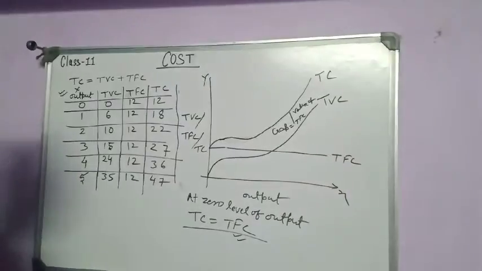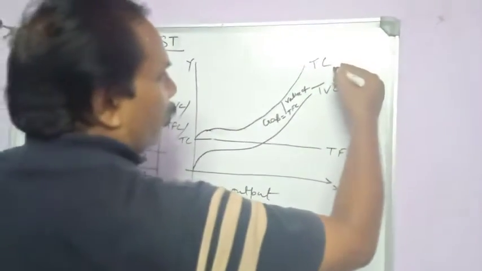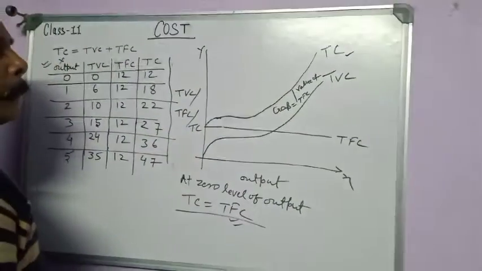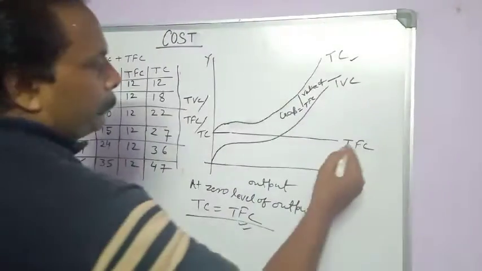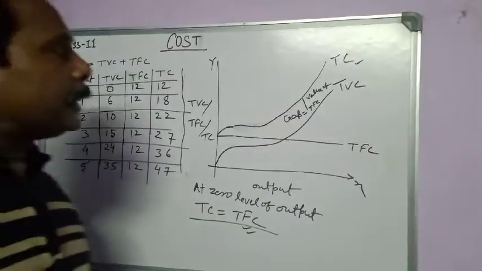Clear? So in this way, on a single diagram, we can also draw the diagram of TC, TVC, TFC. Another question arises, what is the shape of TC?